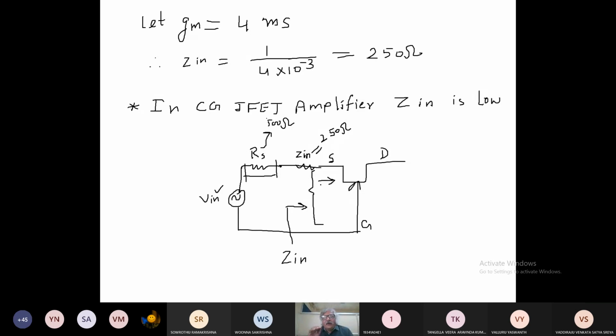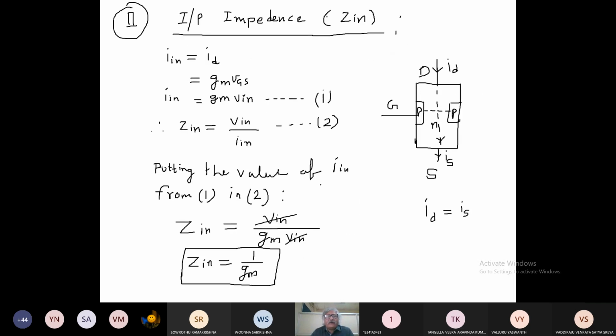If the input is very small, then in proportion you will get an output which is quite less. Due to that reason, the gain of this amplifier will reduce.